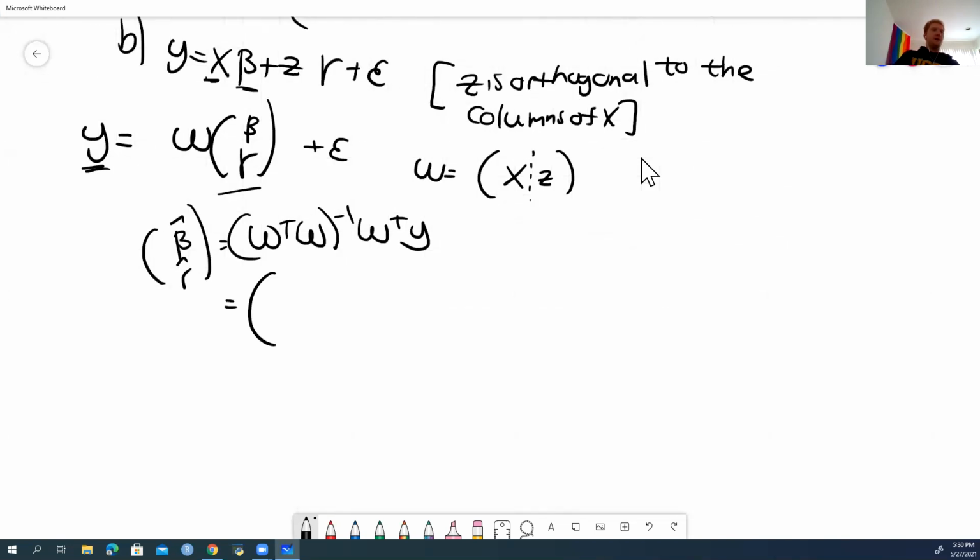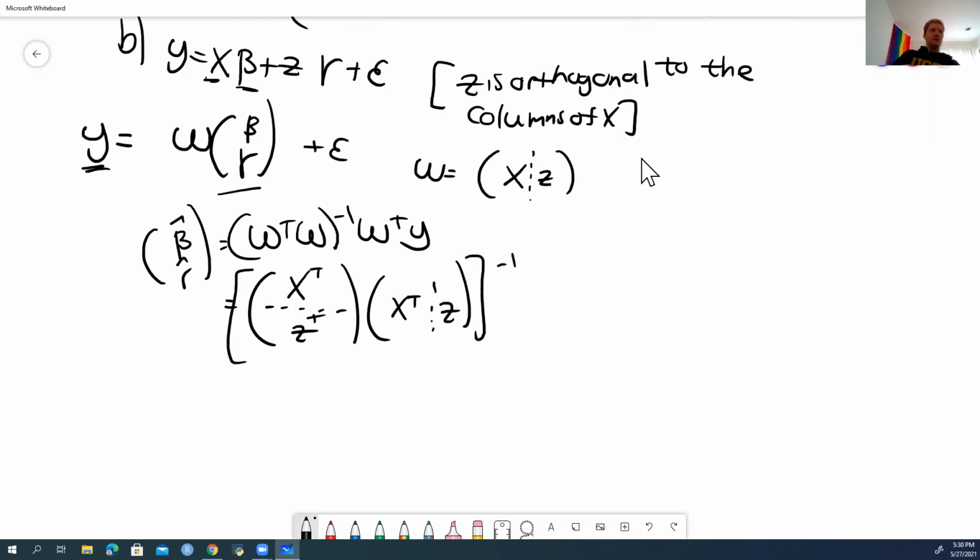It's going to be (X, Z) transposed times (X, Z), and then that whole thing inverted, times (X, Z) transposed, and then times Y. So again, let's simplify this.